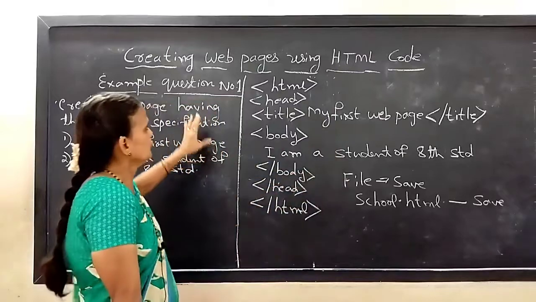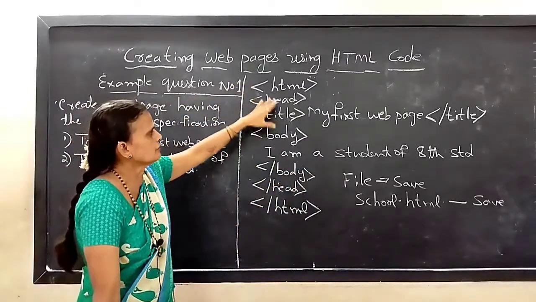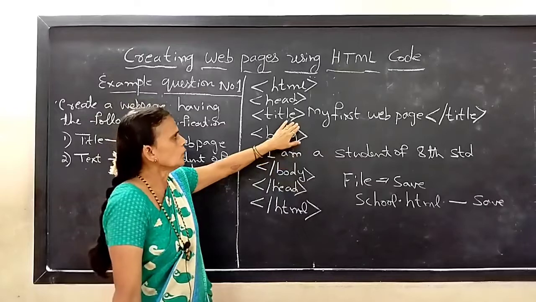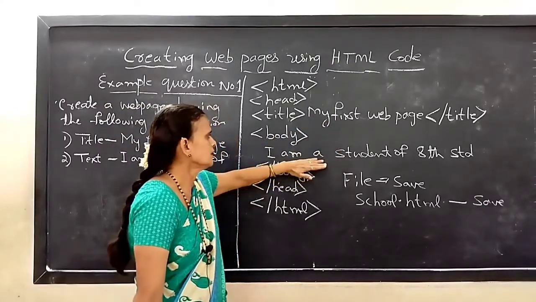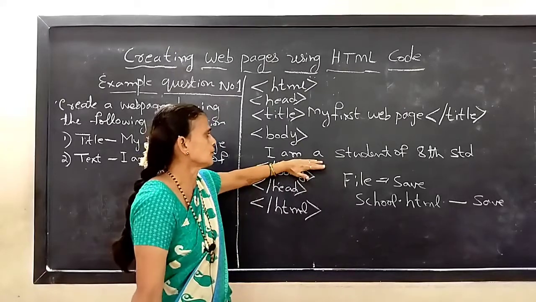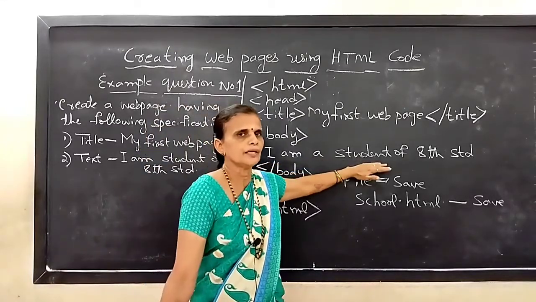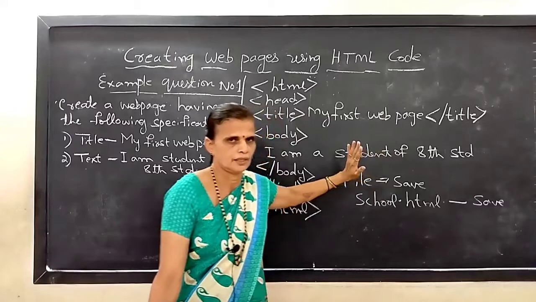You will not see all these tags which we wrote; the output will be only the title which you wrote and the sentence you wrote, I am a student of 8th standard. Only that you can see.